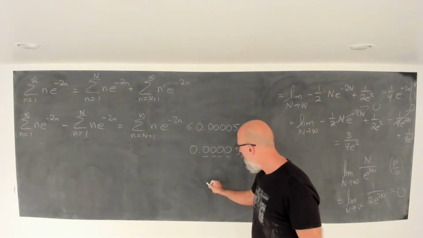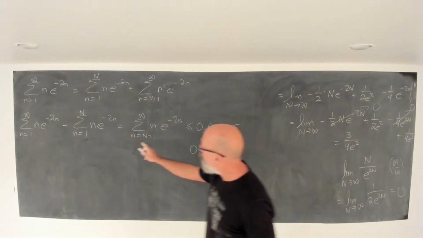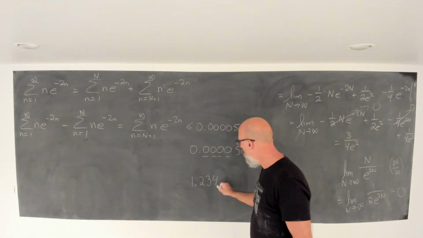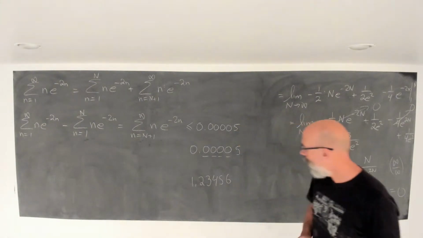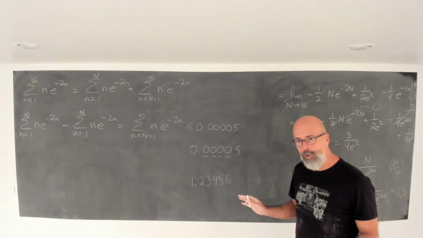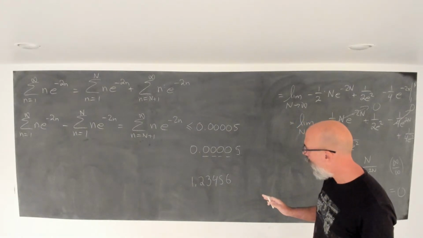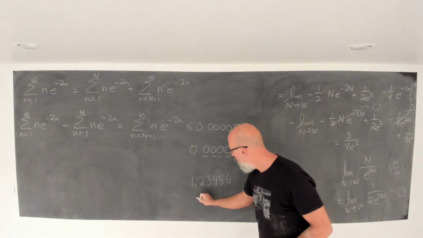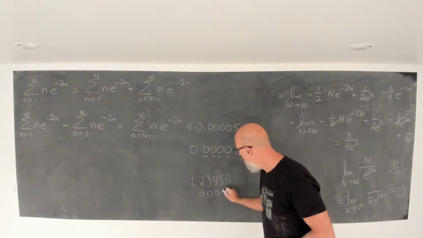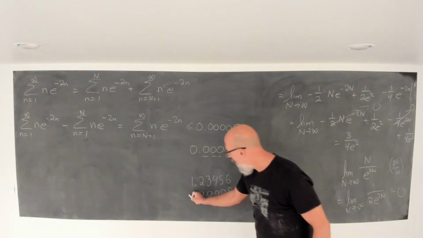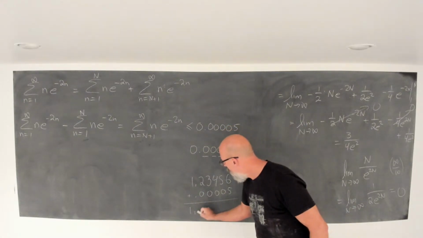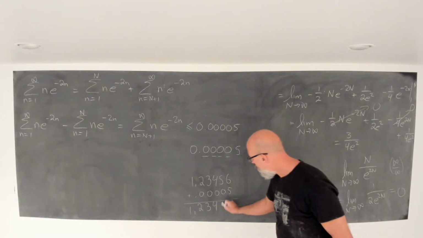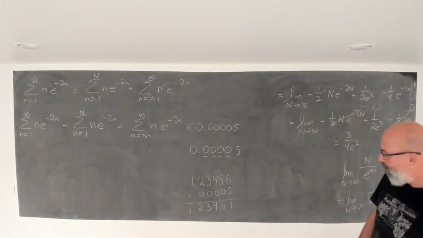Example, suppose your approximation was 1.23456. Let's just assume that this was the approximation we got. If our error is equal to this, and you added them together, 2, 3, 4, 6, 1.